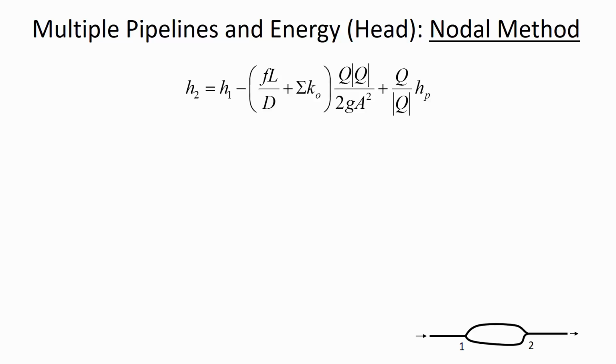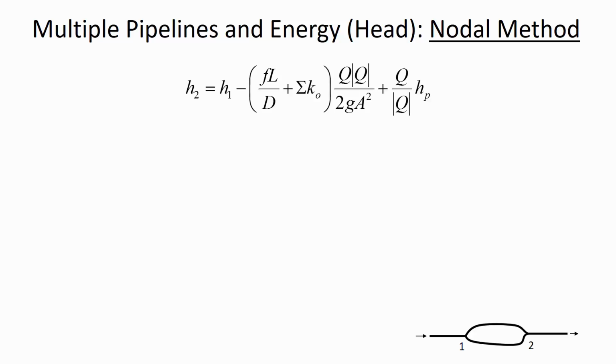H, what we mean by H is pressure head plus velocity head plus elevation. That's H, meaning head, total energy.